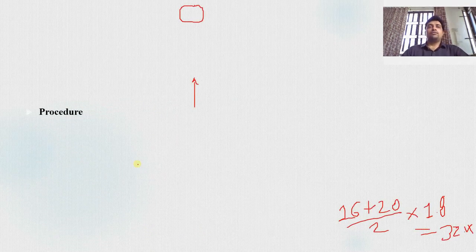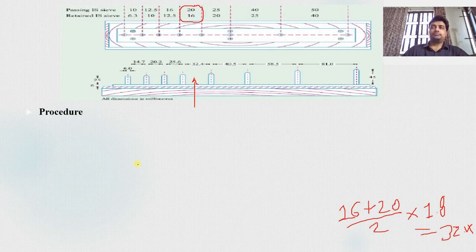Understand, for determining the elongation index of the aggregate, you can see in the photo this type of length gauge we are using for finding the elongation index, and different lengths are available on the length gauge.